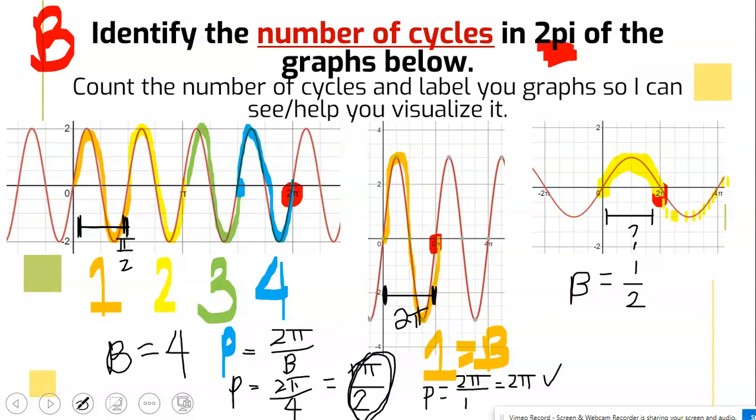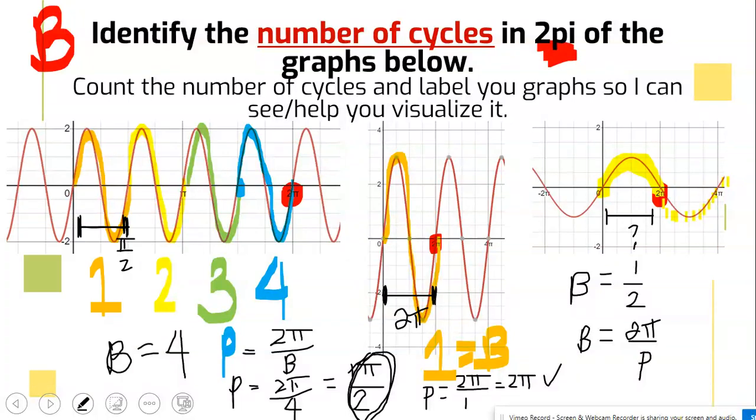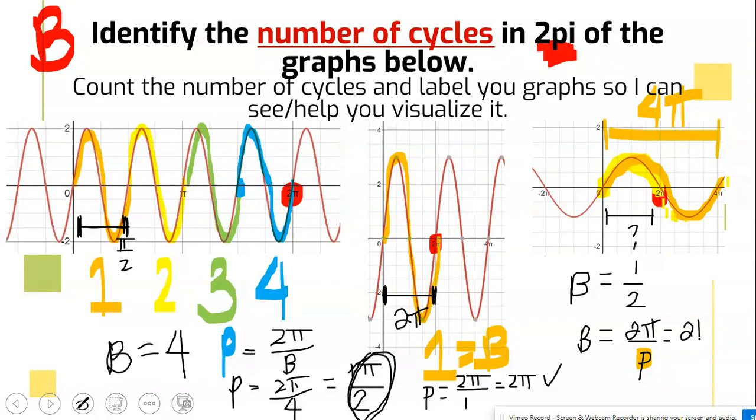Half. And again, we could use the fact that b is equal to 2 pi over the period to verify this. We can tell that the wavelength of sine in this particular graph, that's 4 pi, right? That's what p represents. So this really means that we've got 2 pi over 4 pi.